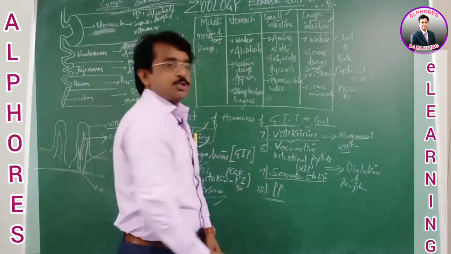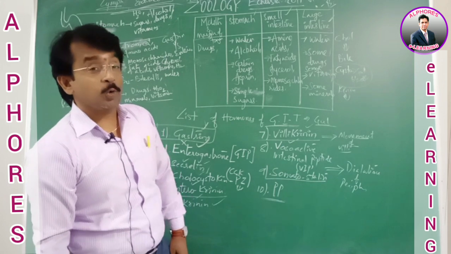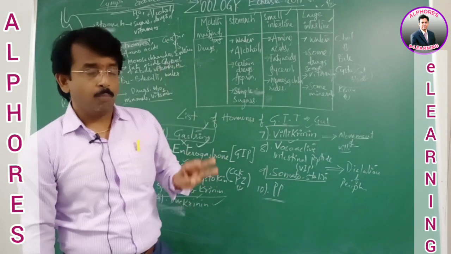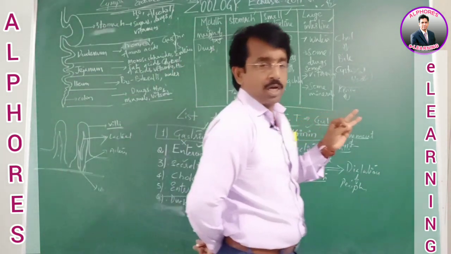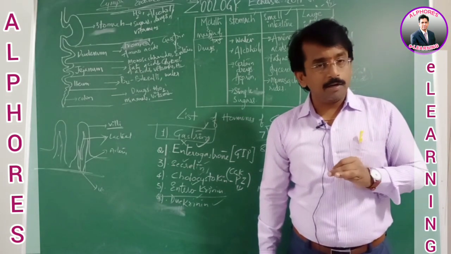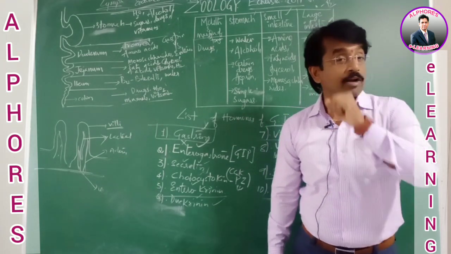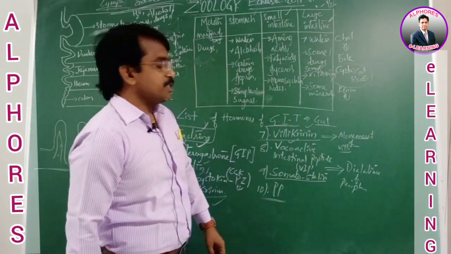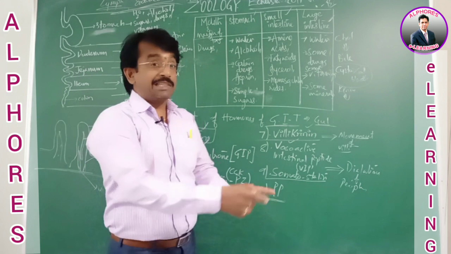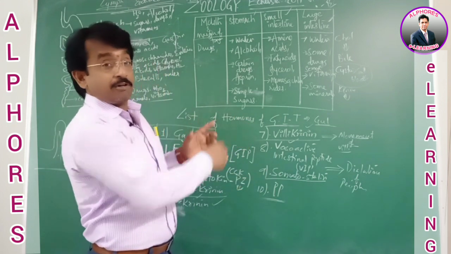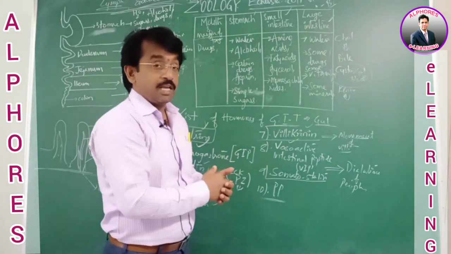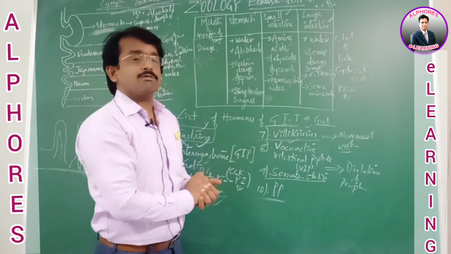Next, somatostatin. Earlier I told you, somatostatin has three sources. One, from the hypothalamus. Two, from the stomach and the intestine. Next, from the pancreas. The somatostatin from the hypothalamus is not related to this topic, although it inhibits growth hormone secretion.